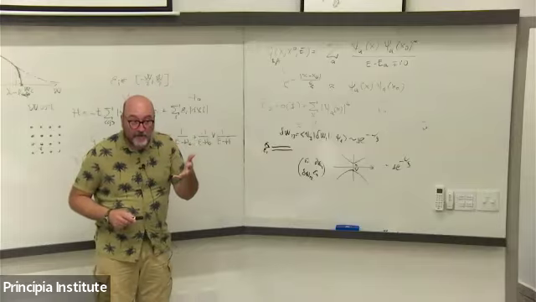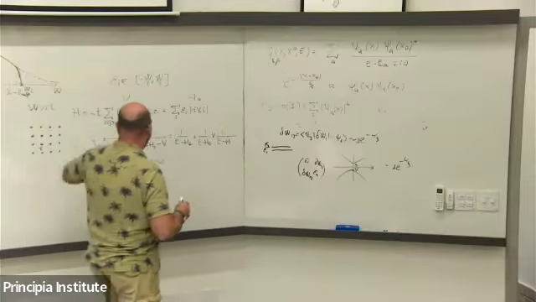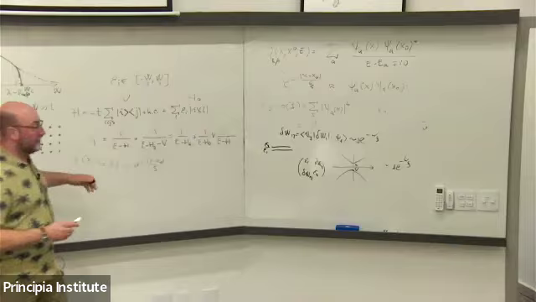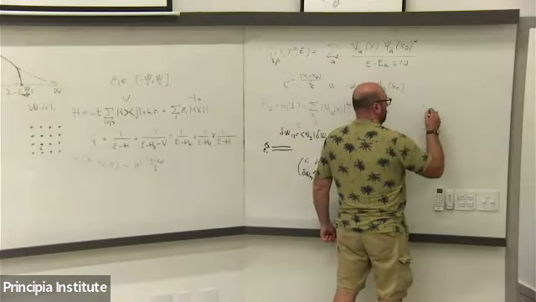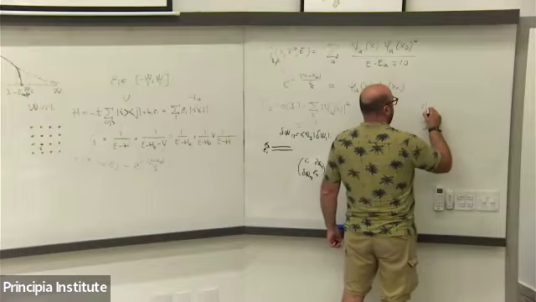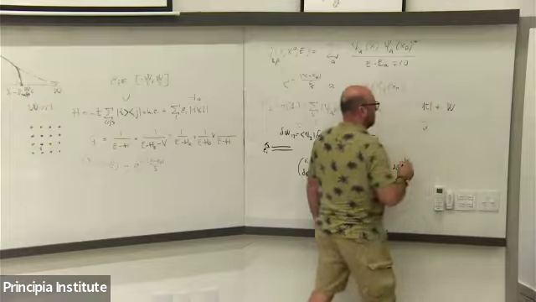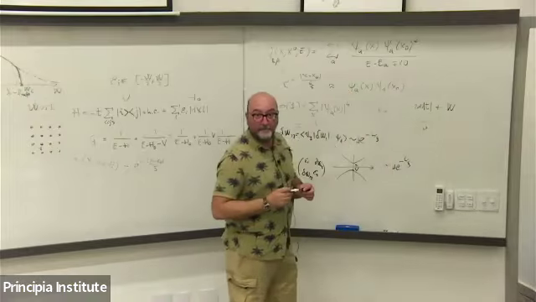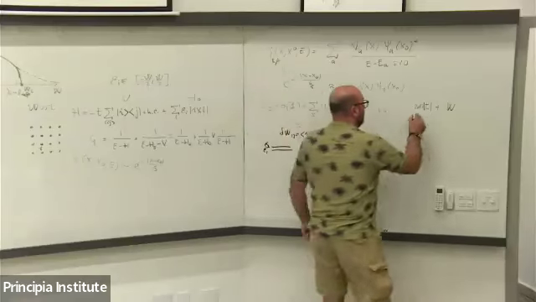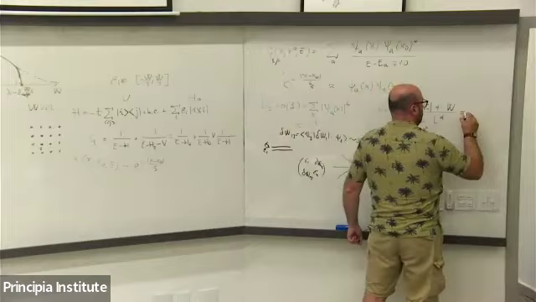Now, the average gap, instead, is still the band width, which is T plus W, times the number of dimensions. 2 times the number of dimensions plus W. That's the band, and then divided by L to the D. This is the average gap.